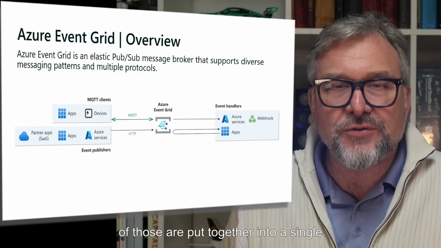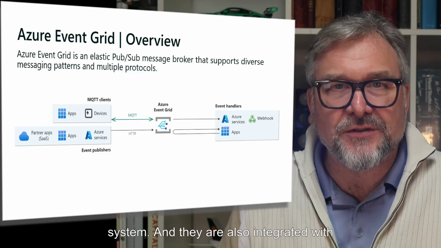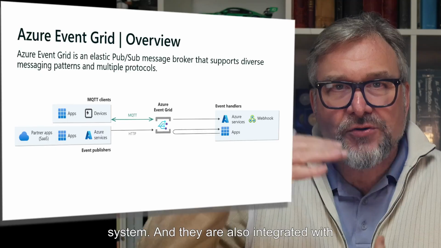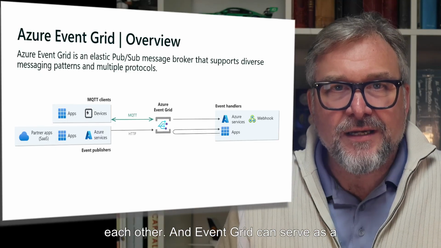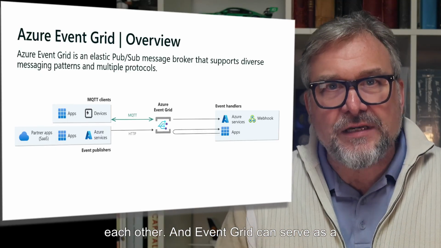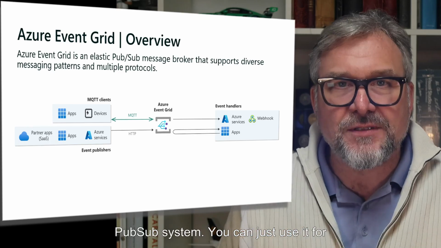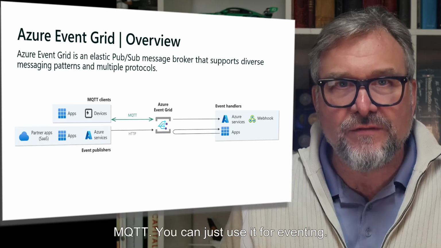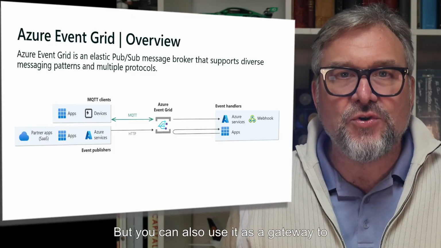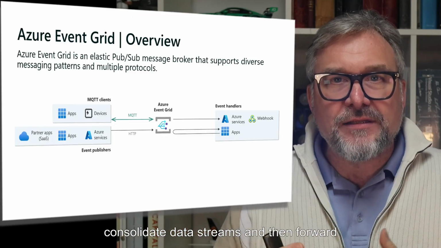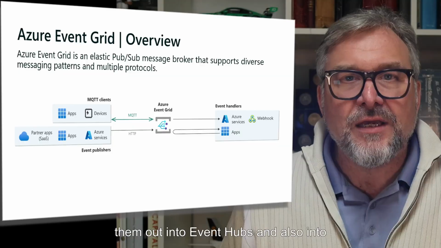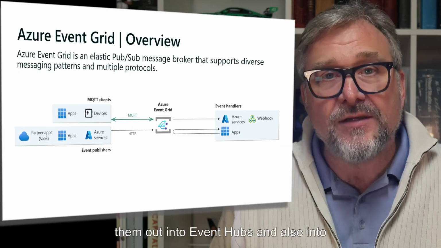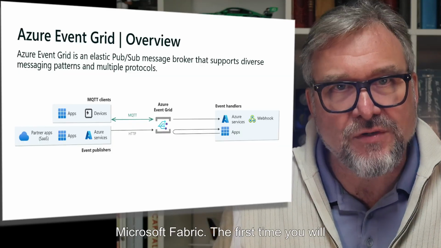Both of those are put together into a single system, and they are also integrated with each other. Event Grid can serve as a PubSub system. You can just use it for MQTT. You can just use it for eventing, but you can also use it as a gateway to consolidate data streams and then forward them out into Event Hubs and also into Microsoft Fabric.